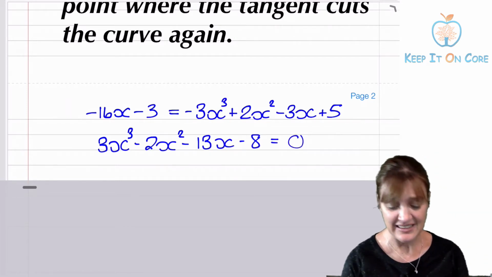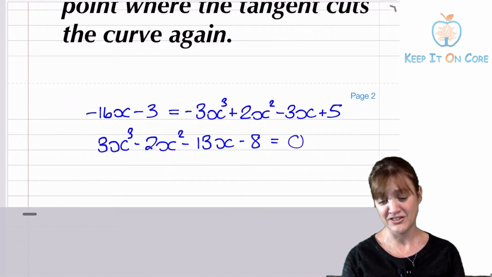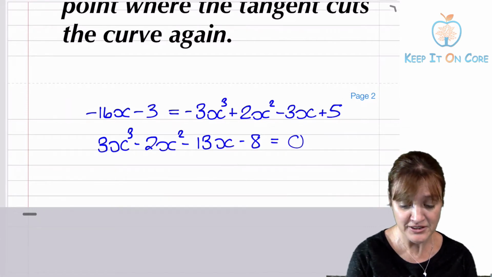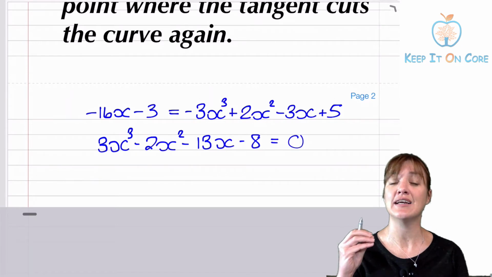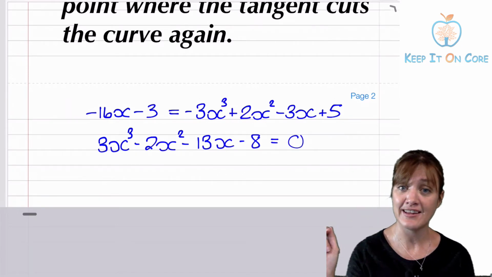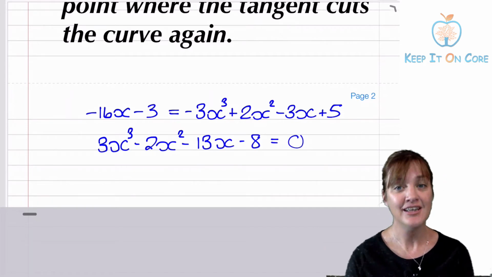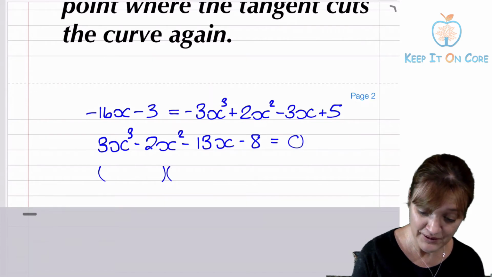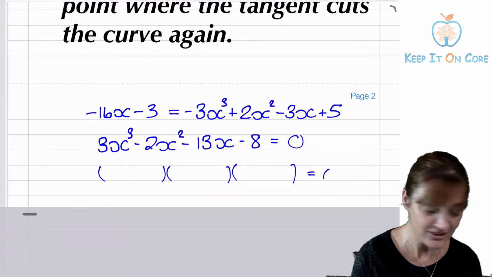Obviously, it does involve factoring this again. Remember trial and error: you substitute something into x until you get your value of 0. Once you've got that, then you need to do synthetic division or long division and work out how many times it goes in. You need to follow that process, but this is what you need to get to.